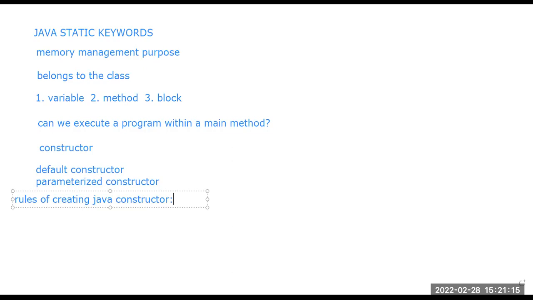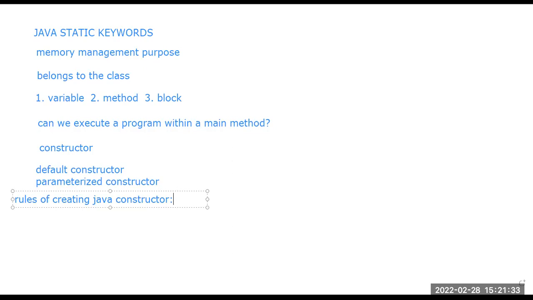Secondly, it must have no explicit return type, right? So first, the name of the constructor must be the same as the class name, and it must have no explicit return type.